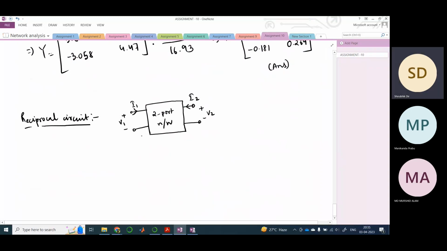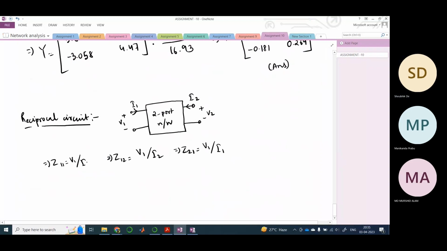So basically, what is my Z12? It is V1 by I2, and Z21 is V2 by I1. I'm just writing the Z parameters. This is I1 and Z22 is V2 by I2.